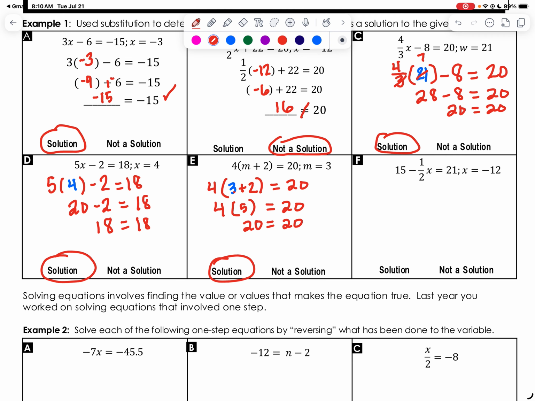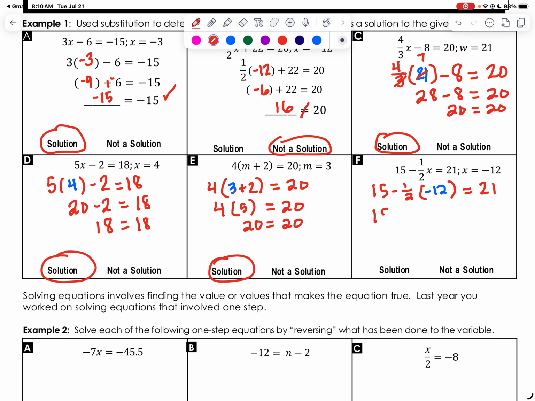All right, pause the video and try problem F on your own. When you're finished, press play and check your solution. All right, welcome back. Let's see how you did. 15 minus 1/2, parenthesis, negative 12. And we want to know, does that equal 21?